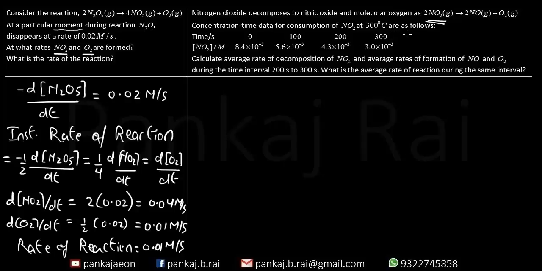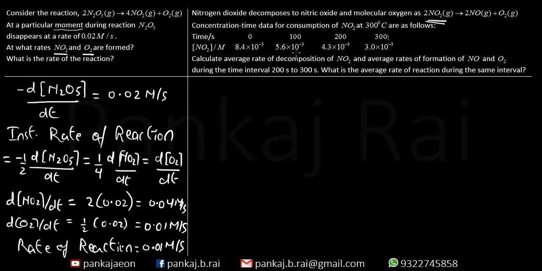Time is in seconds and concentration of NO2 in molarity. At 0 time, at the start of the reaction, we have 8.4 into 10 raised to minus 3 molar. As time increases, the concentration of the reactant goes on decreasing and the concentration of products goes on increasing.